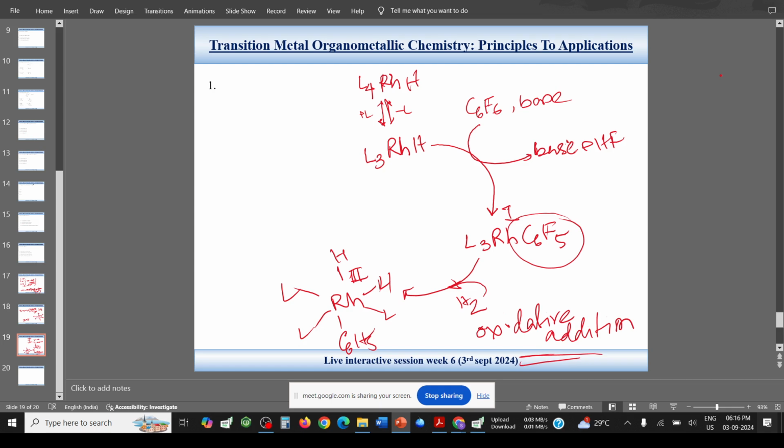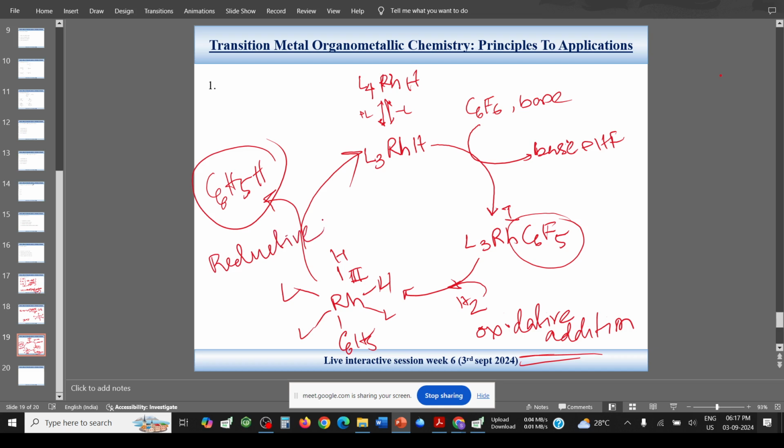After that it will go back to our active catalyst by removing our desired product, that is C6F5H, the functionalized fluoroalkene or fluoro complexes. So this is the very simple mechanism, and this step is called the reductive elimination.